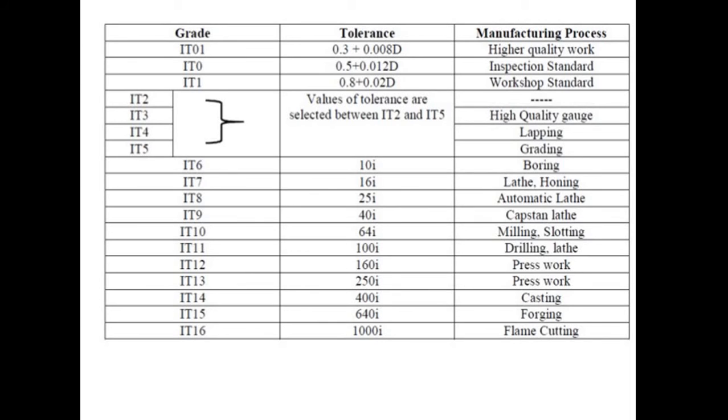That's why tolerance is very little. But as you go towards common processes, say boring, lathe, then drilling, press, casting, forging, it is not possible to achieve close tolerances. That's why larger tolerances are given in the case of casting, forging and flame cutting.